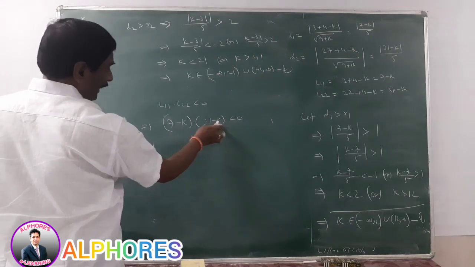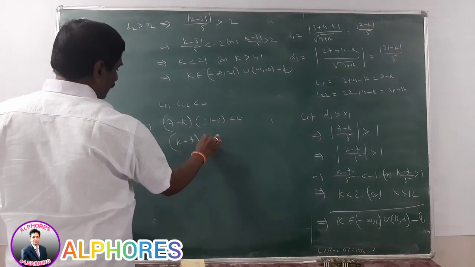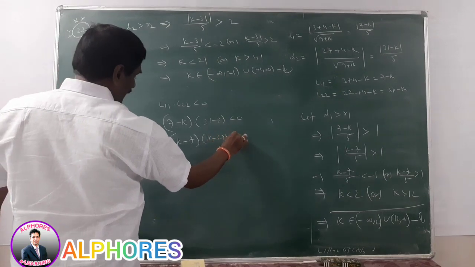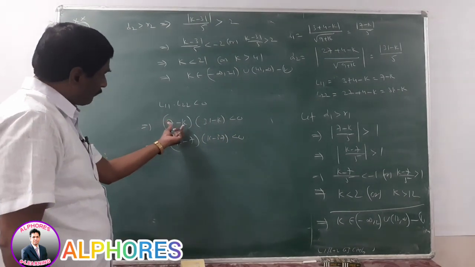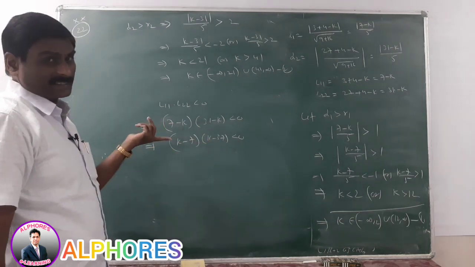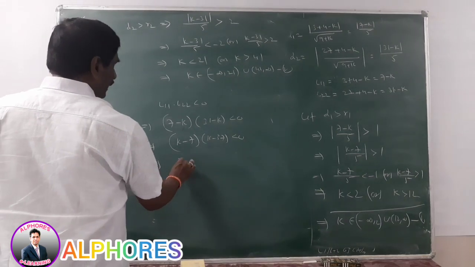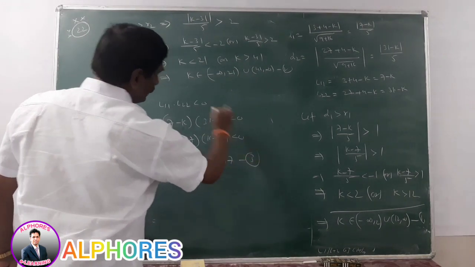Here, taking common minus 1 from each, that means k minus 7 into k minus 31 less than 0. This is the minus of k minus 7 and this is the minus of k minus 31; minus into minus is plus. Okay. That means k lies in between 7 less than k less than 31. It is the third equation.